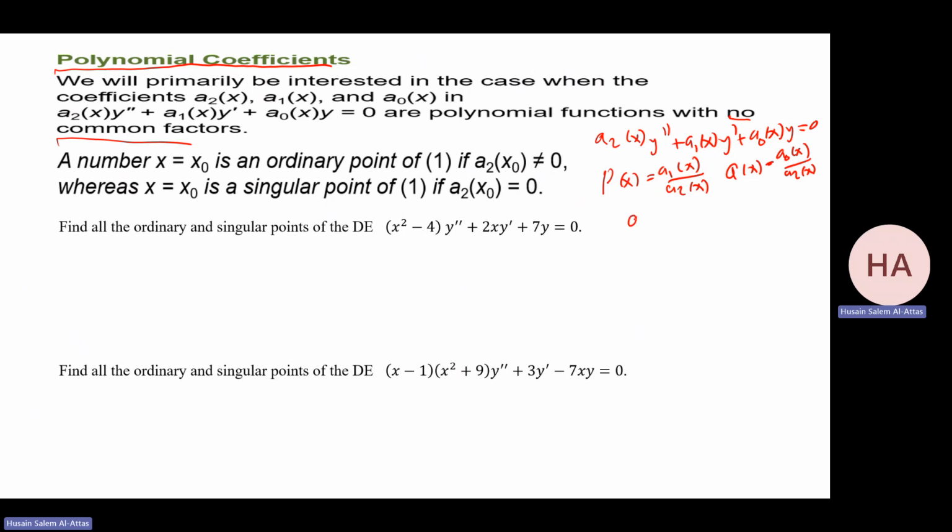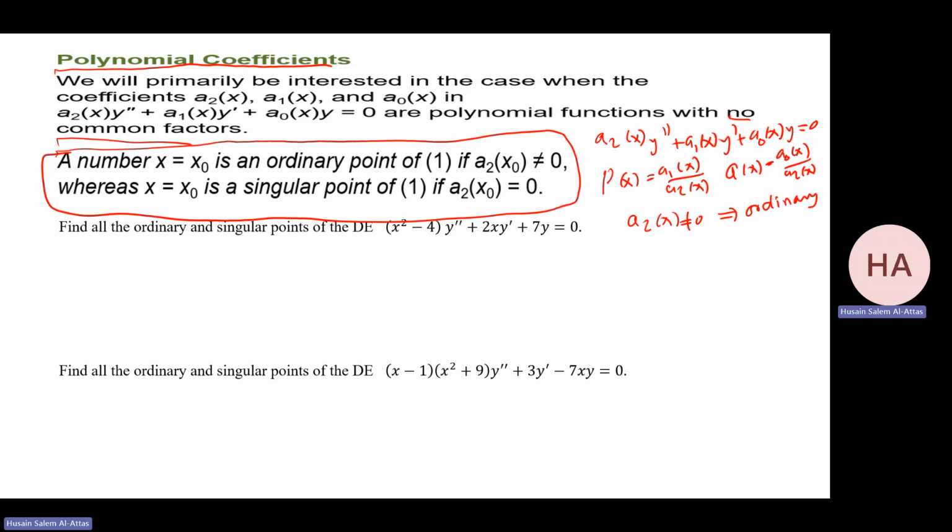So I need a2 of x not equal to 0 to have what? Ordinary point. But if a2 of x is equal to 0, it will be singular. This is my rule for the polynomial coefficient. If it is in this format, x equal x0 is an ordinary point if a2 at x0 is not equal to 0.